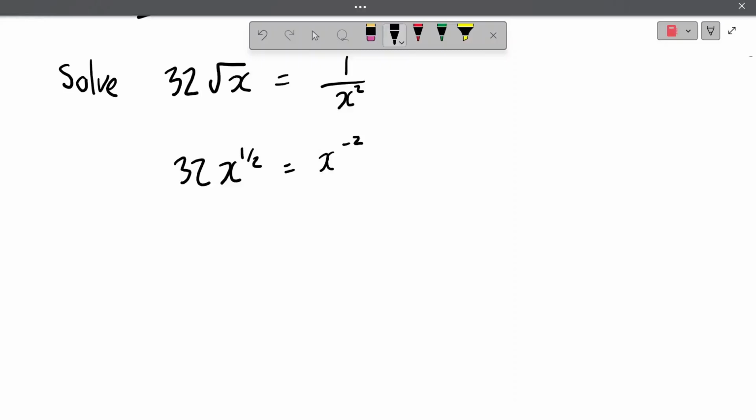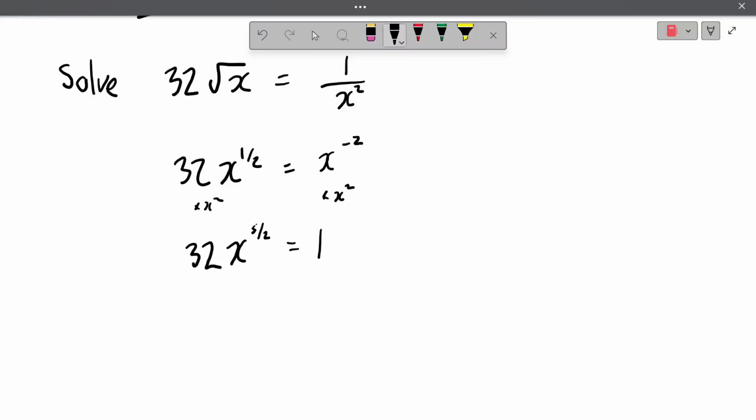Now there's a couple of ways to go about it. If we like positive powers, which are a little bit nicer, I could times both sides by x squared. So we have 32 x to the 2.5, or 5 over 2, equals 1. Because x to the minus 2 times x to the power of 2 is x to the power of 0.